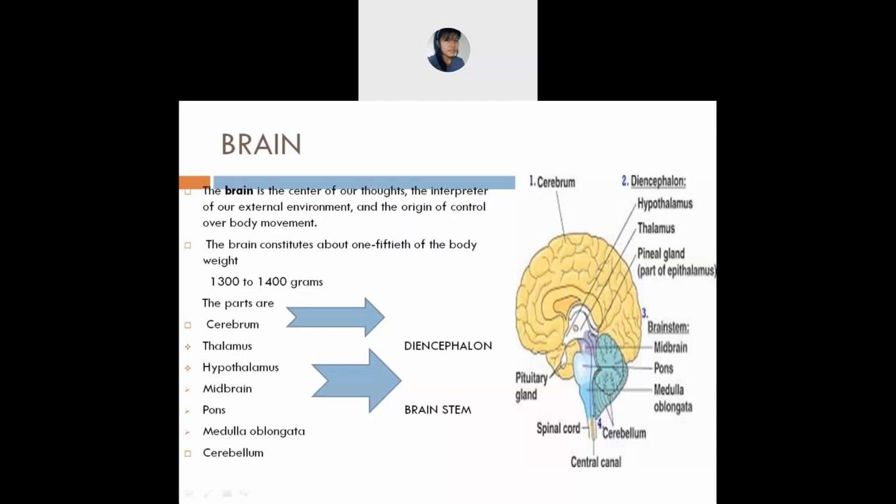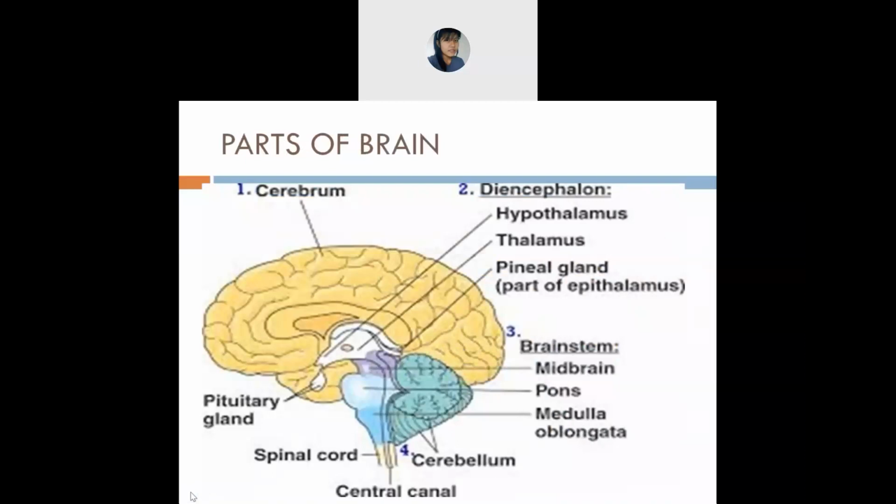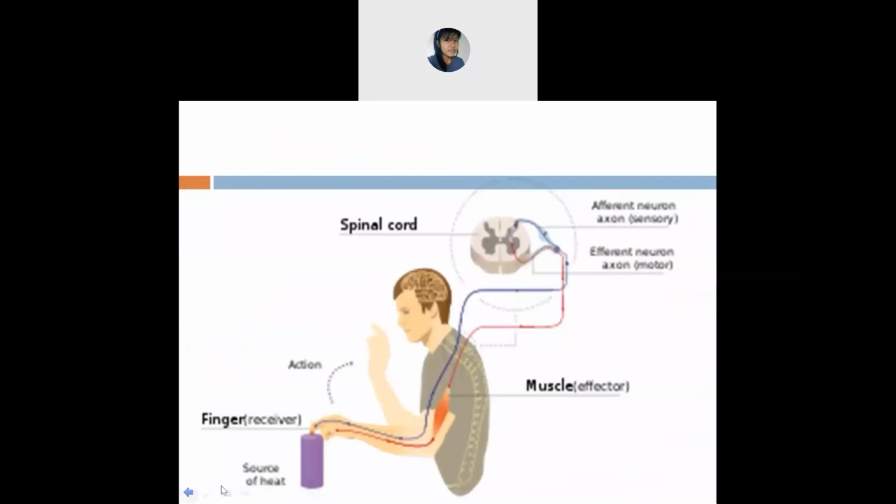Can you tell me the parts of the brain? Cerebrum, ma'am.